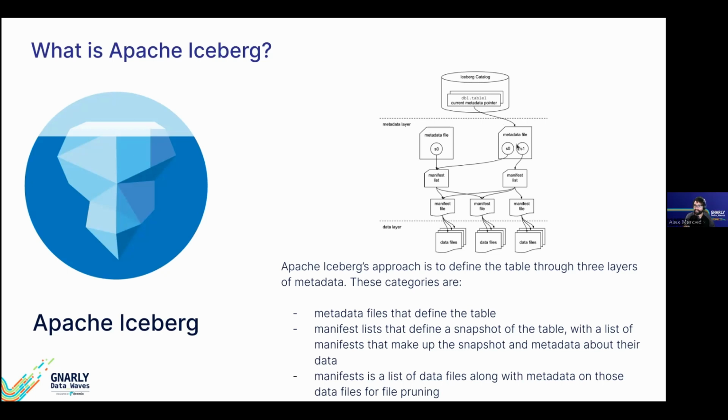Once you figure out which snapshot you want to scan, that's where you visit the manifest list, which documents the individual snapshot. The files that make up the data are all grouped into different manifests, and each snapshot lists all the different manifests that contain the files for that particular snapshot. Using the metadata at the manifest level, you can prune data that's in partitions that aren't relevant.